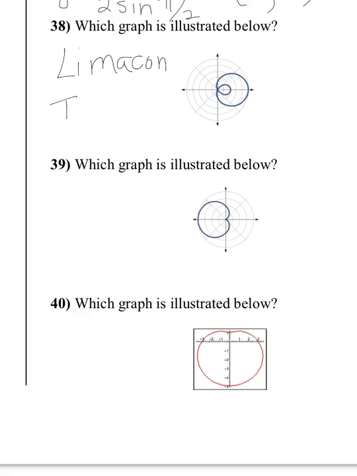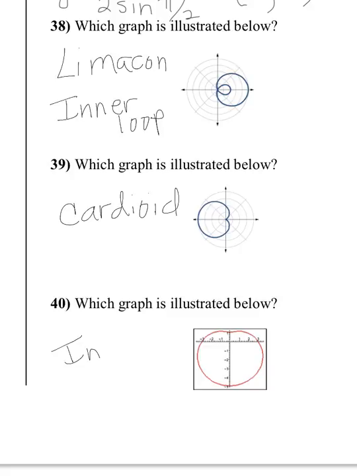Specifically, this one is called an inner loop. This one is called a cardioid, or heart. That's how you can remember it because it's heart-shaped. And this one is called indented loop.